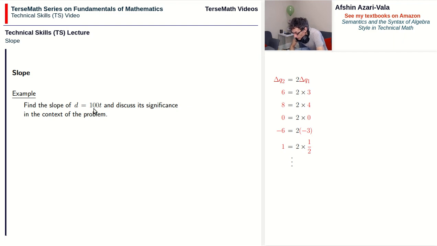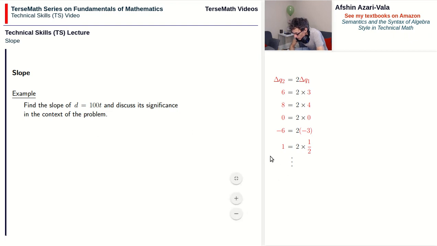So for example, if you drive for 1 hour, you will cover 100 kilometers. If you drive for 2 hours, because you're driving at 100 kilometers every hour, then distance becomes 200 kilometers and so on. So we would like to find the slope of this relationship, and also explain why it is so important to know about it.